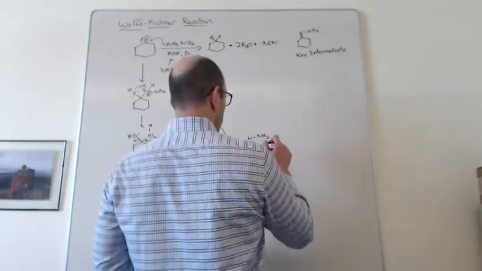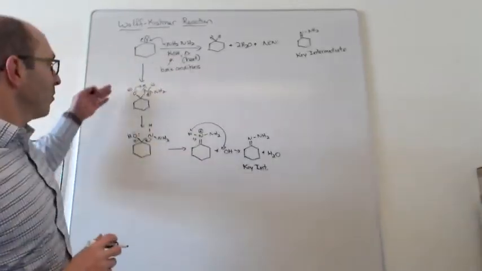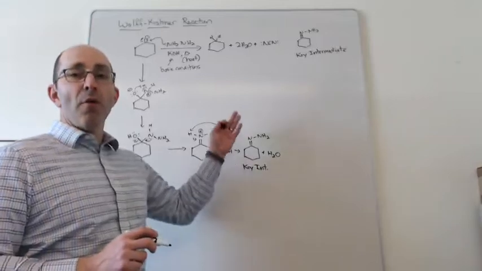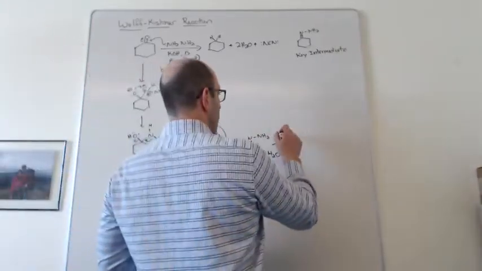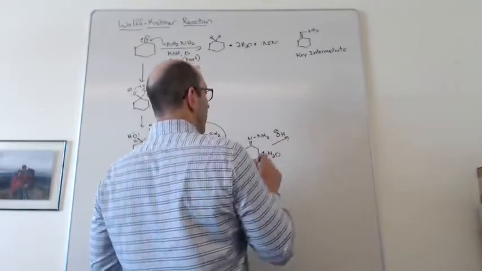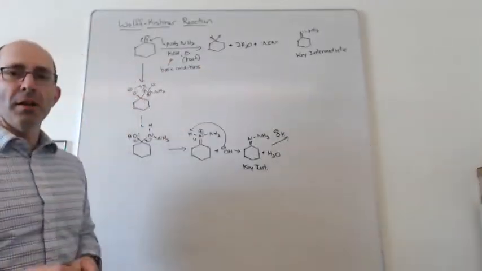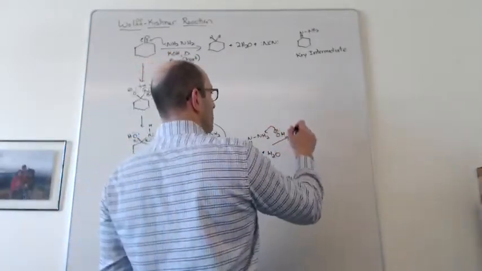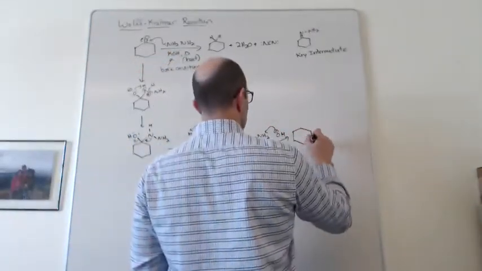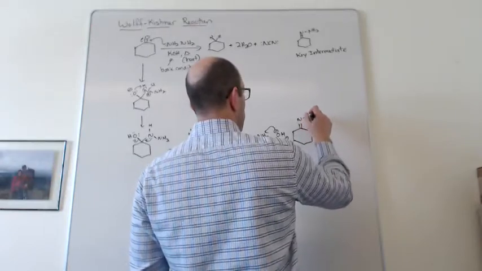Again, I would expect you to be able to come up with a reasonable mechanism to here. From here, it gets a little bit crazy, and I wouldn't expect you to be able to come up with this on your own. Now we're going to start using hydroxide. Hydroxide is going to start deprotonating stuff, so we're going to pull off a proton there.